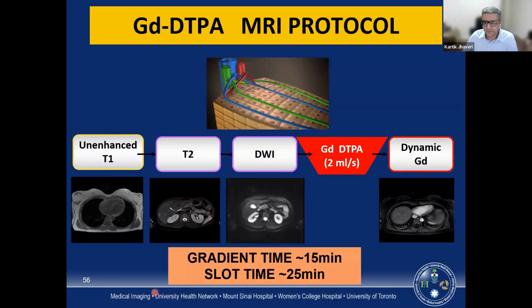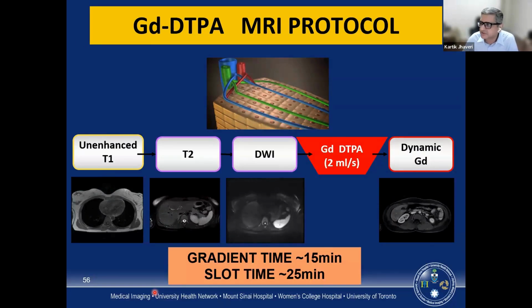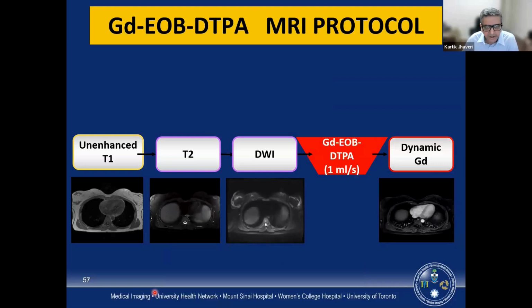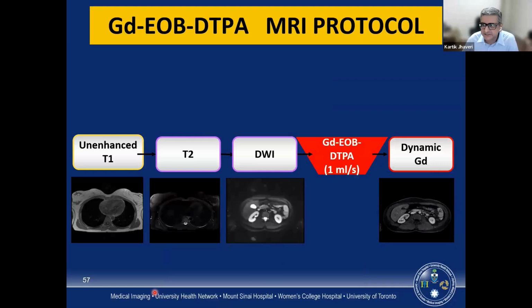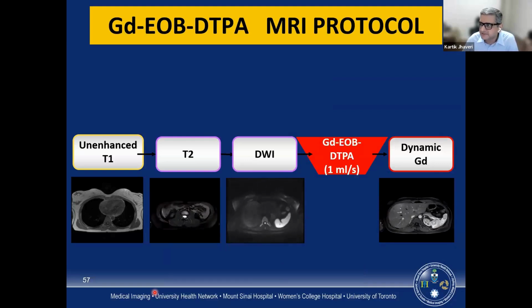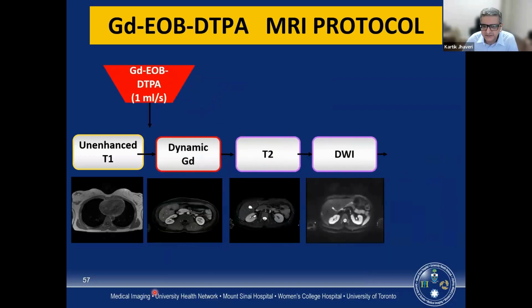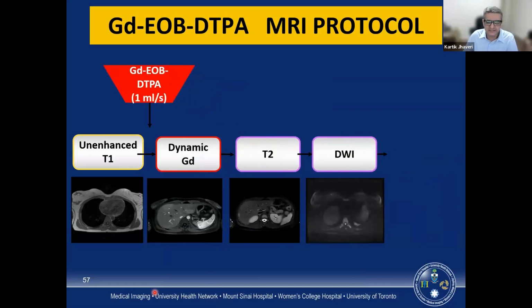And typically your grading time or scan time is approximately 15 minutes, with a slot time of 20 to 25 minutes, depending on efficiencies. Now, if you utilize a liver-specific contrast agent, because you're obtaining a hepatobiliary phase at approximately 15 to 20 minutes after the contrast injection, this naturally results in an increased time.